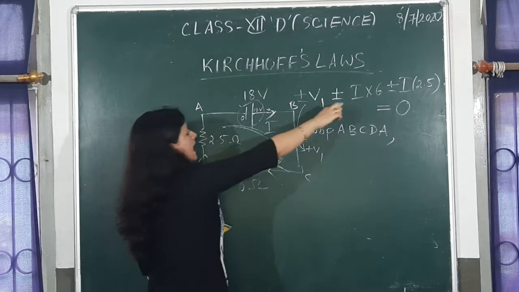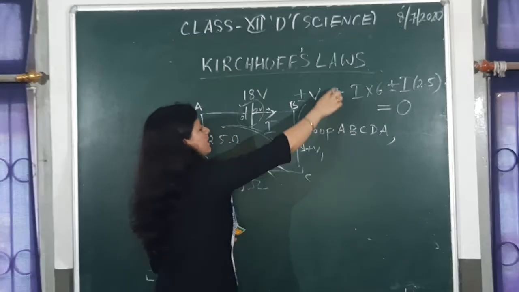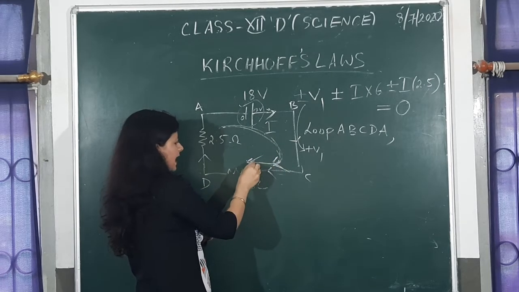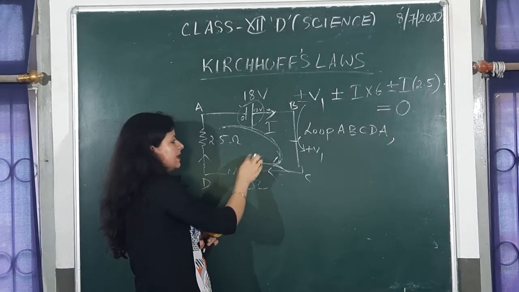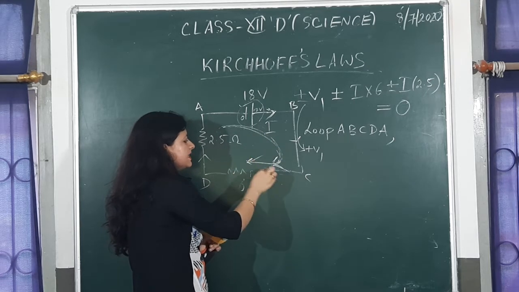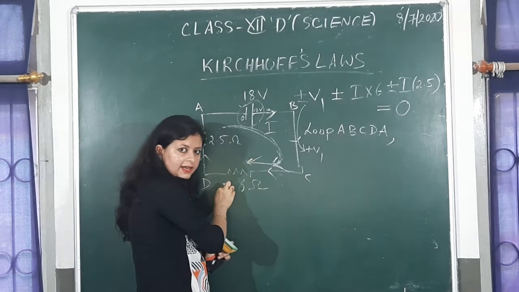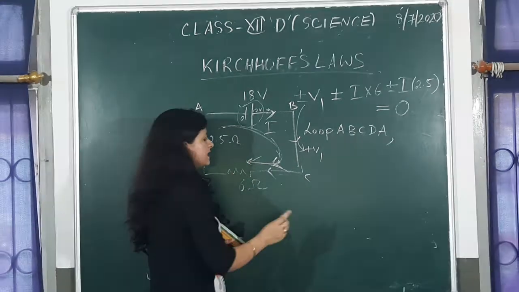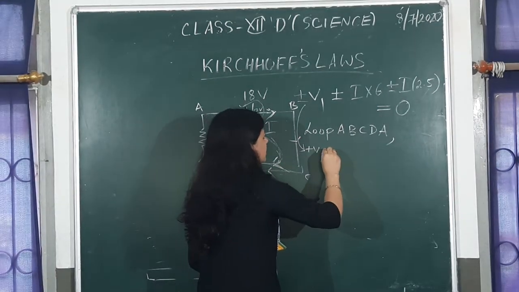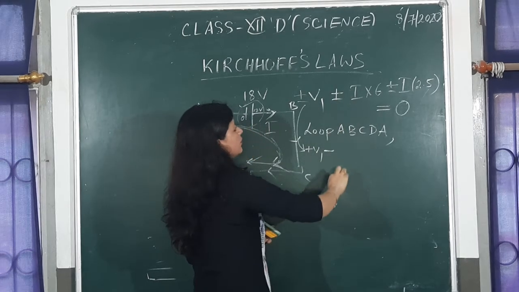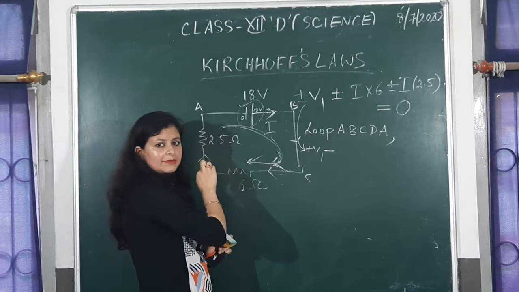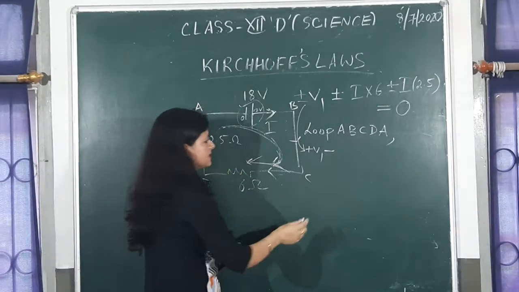Now, this I into 6, will it be plus or minus? While you are traversing the loop and crossing the resistance, if the direction of the loop is the same as the direction of current, then you take a negative sign, not positive. So the second one will not be plus, it will be minus, because the loop and the current are in the same direction while you are crossing this resistance.